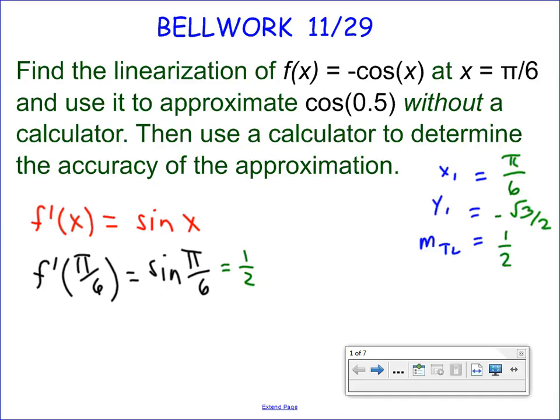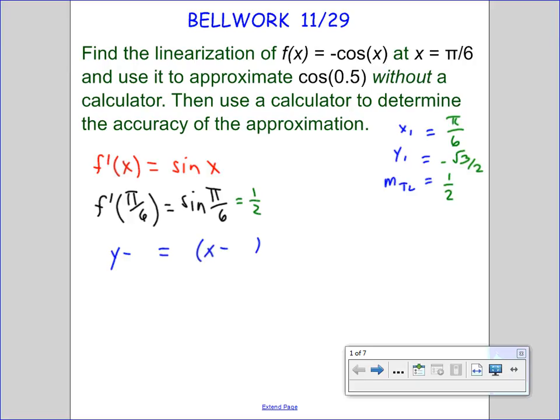So we'll call our tangent line now L of x equals. We can start with the original form, y minus y sub 1 equals m times quantity x minus x sub 1, but we're going to rearrange that and call it L of x for our linearization. So we need root 3 over 2, opposite, so y plus root 3 over 2, and my slope of the tangent line is 1/2.